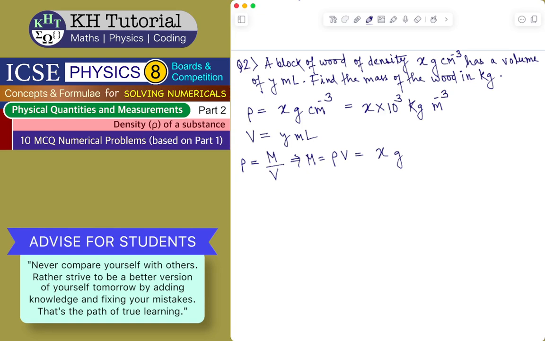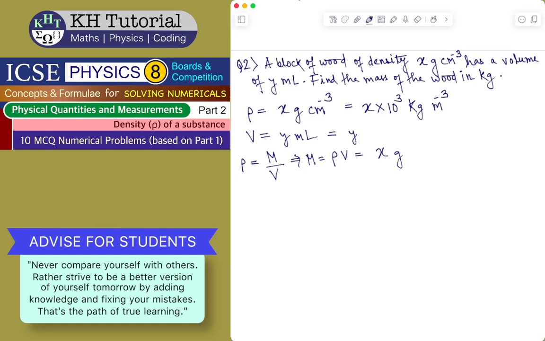And the volume y ml, how do I convert ml into meter cube? Milliliter means 1 by 1000 liter, so this is 10 to the power minus 3 liter. I think the better way is that we know that 1 milliliter is equal to 1 centimeter cube.